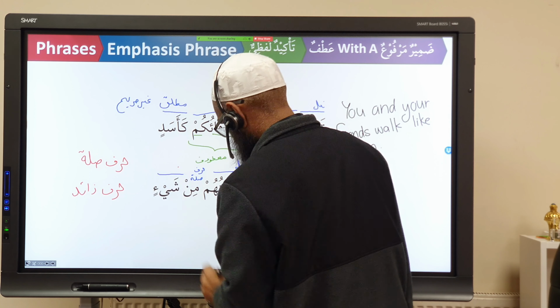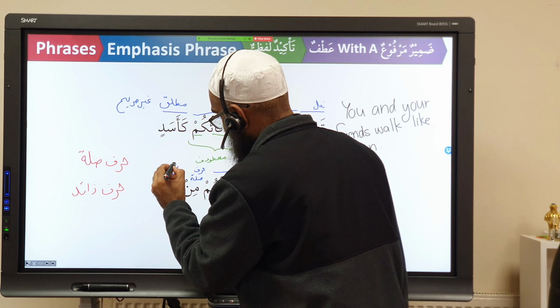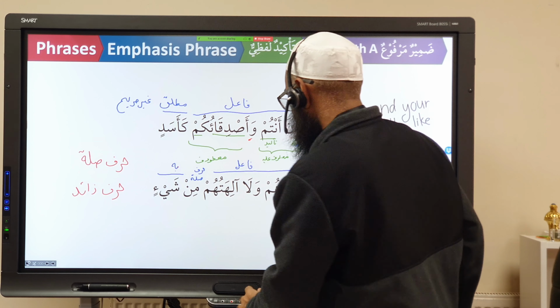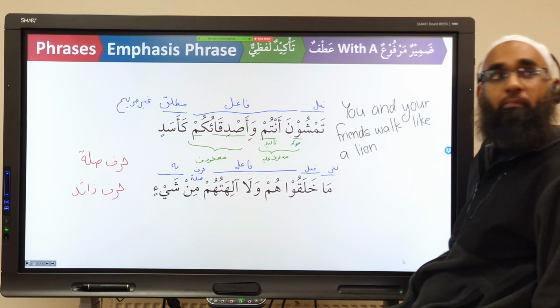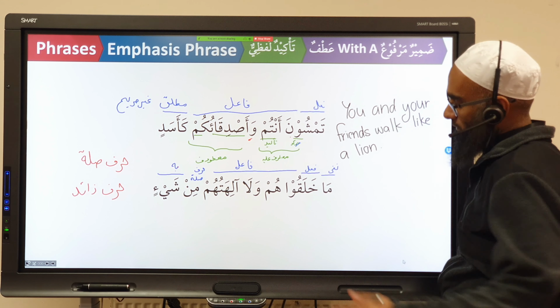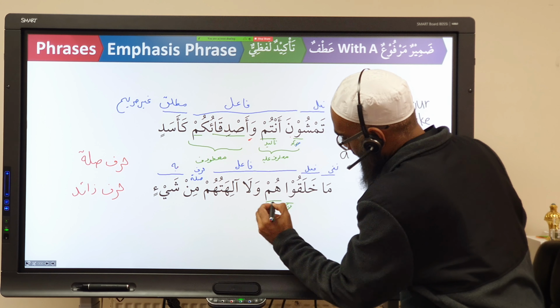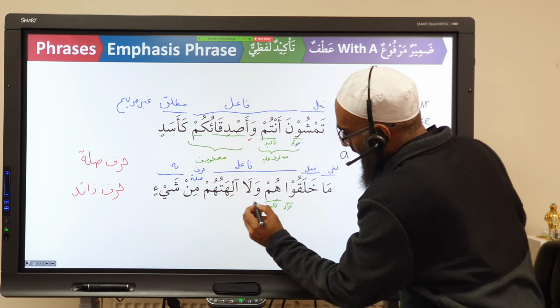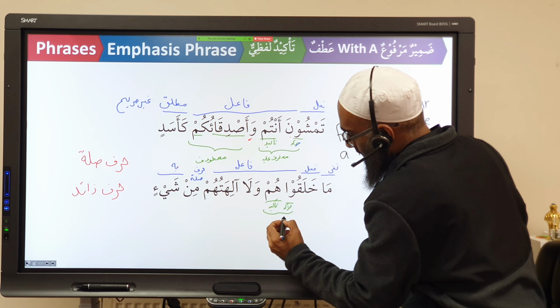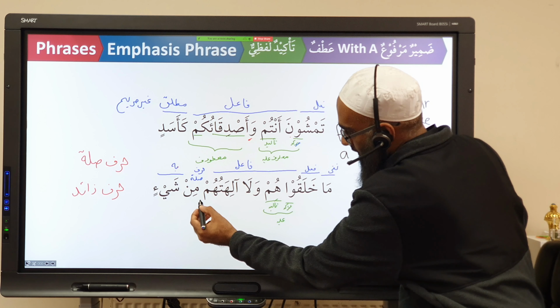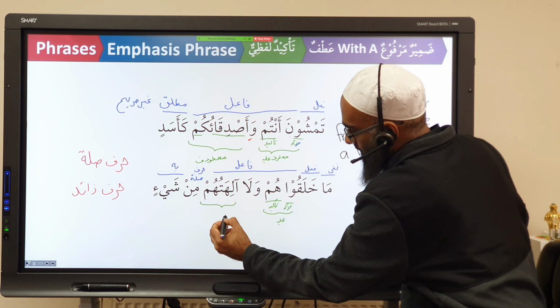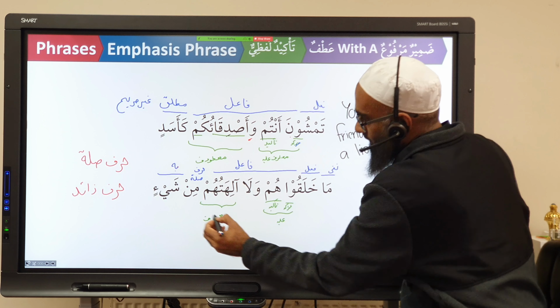The maf'ulun bihi. And tarkib. So you have here mu'akkad, this is ta'keed, and this becomes ma'atuf alayh, and this ma'atuf. Translation.